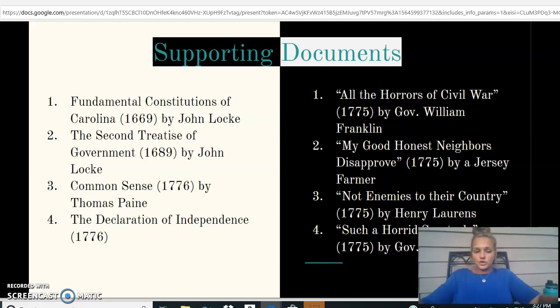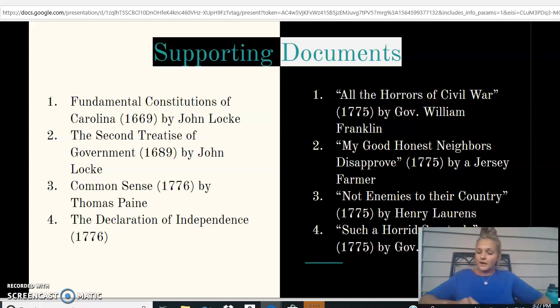And I made sure to provide some really good sources for that so they can highlight and do a little research on the computer if they want, but I really want them to focus on these documents that I gave them to solidify their arguments.